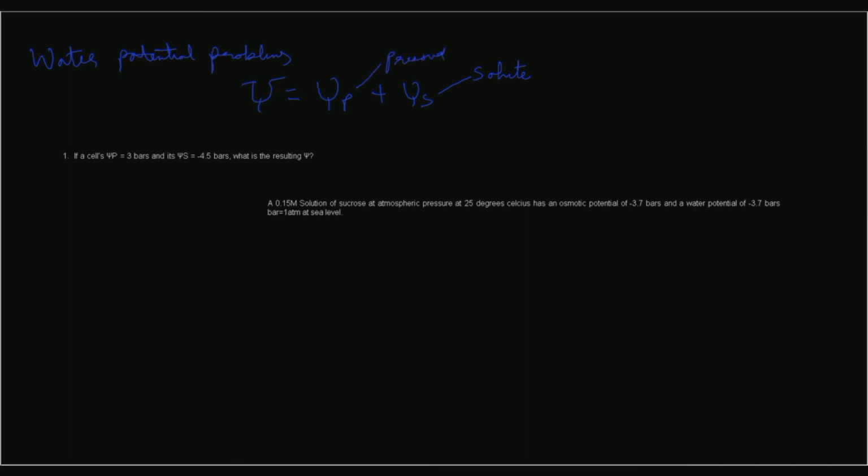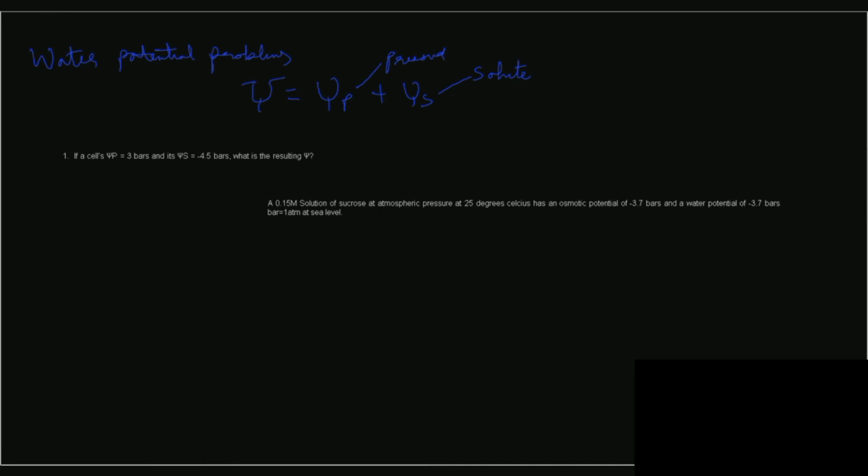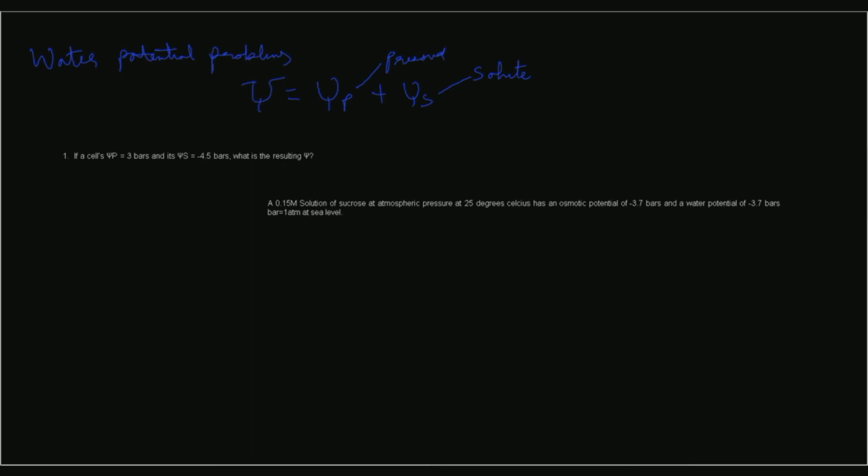So we can easily solve this one right here. There would be 3 bars, and then you would add negative 4.5 bars. We don't have to convert this into anything else because these are in bars. You get the answer in bars. So it's pretty easy, no algebra or anything involved.